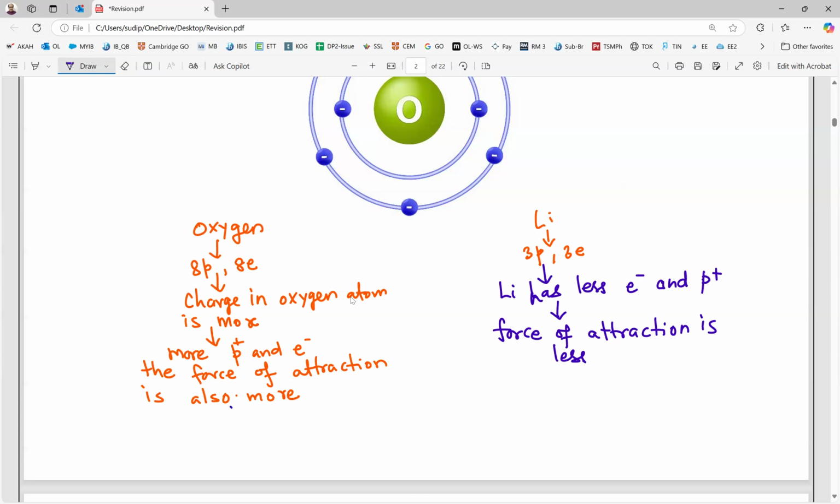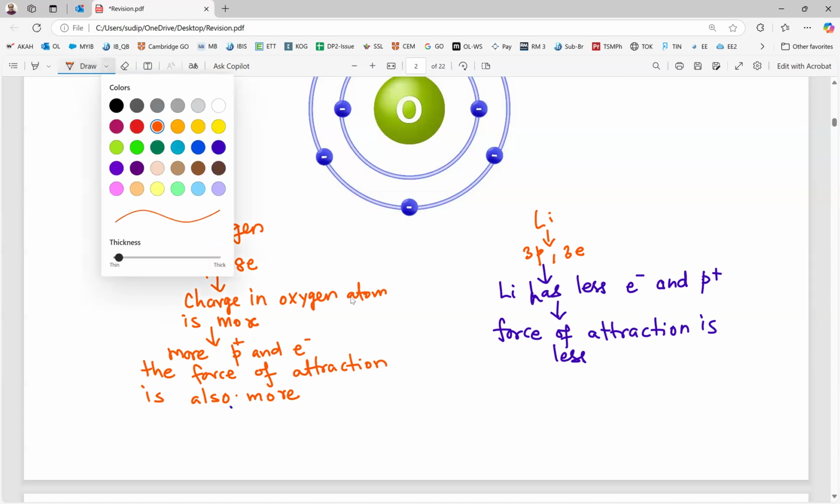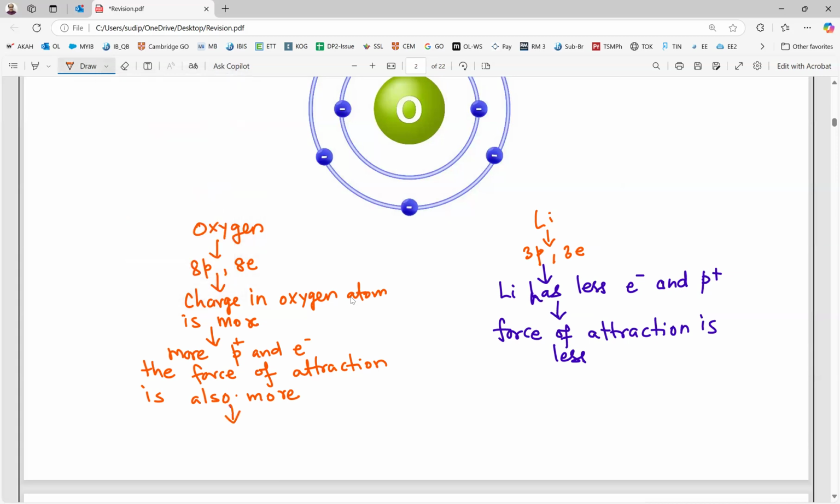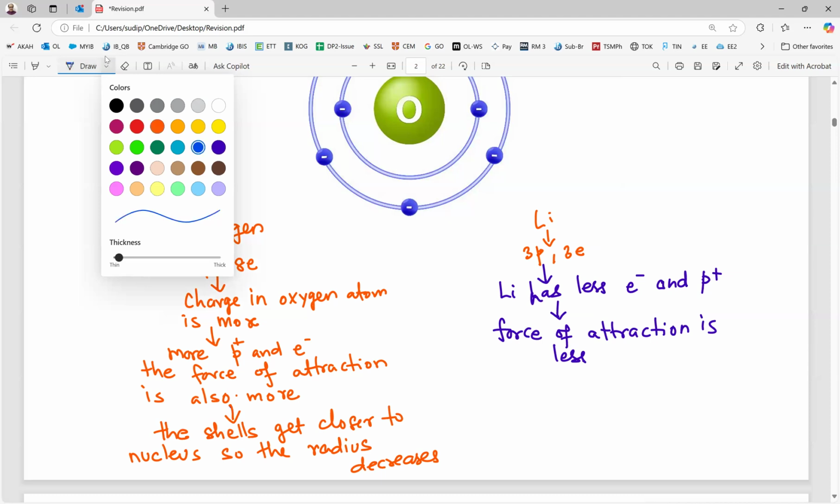Now, even though both have 2 shells only, so both have the same number of shells, because the force of attraction is more in the case of oxygen, the shells get closer to the nucleus. So the radius decreases. Now, whereas if you look at lithium, it's the other way around.